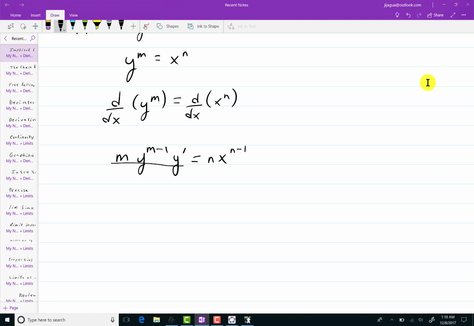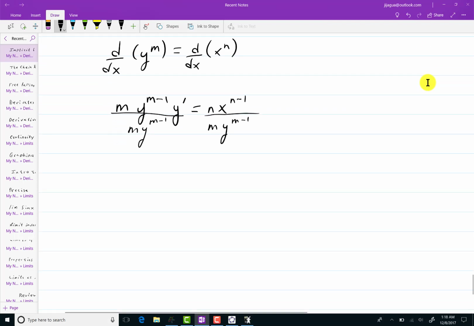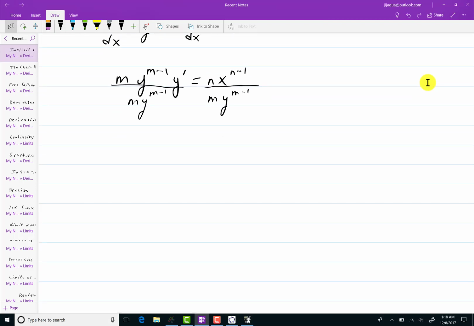I'm going to divide by m, y to the m minus 1. Divide the other side by m, y to the m minus 1. And I have y prime equals nx to the n minus 1 divided by m y to the m minus 1.